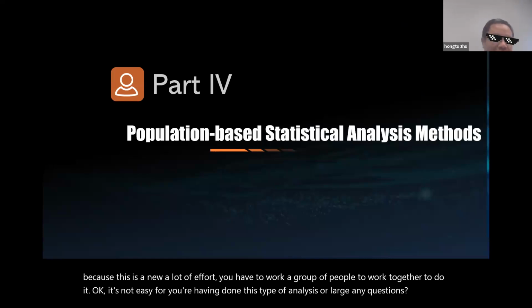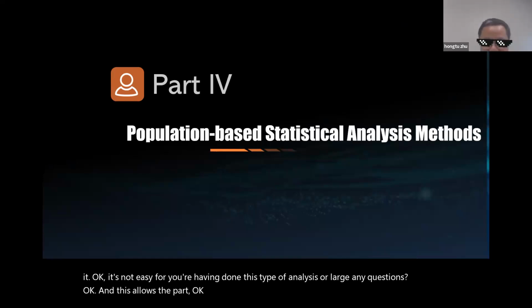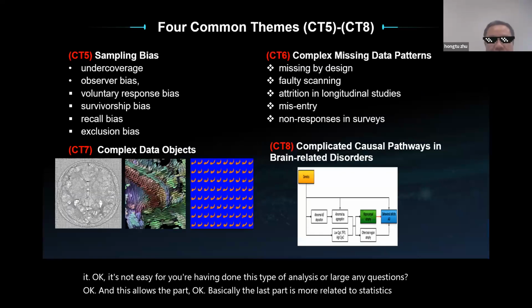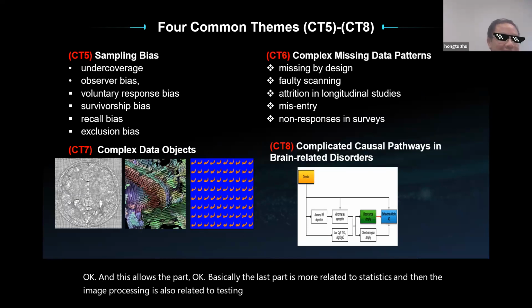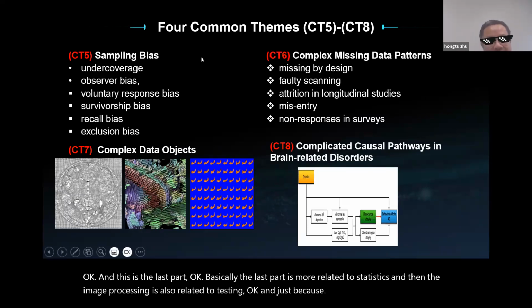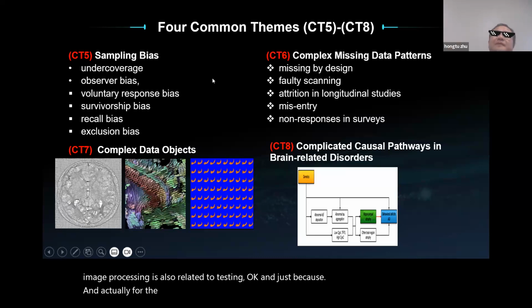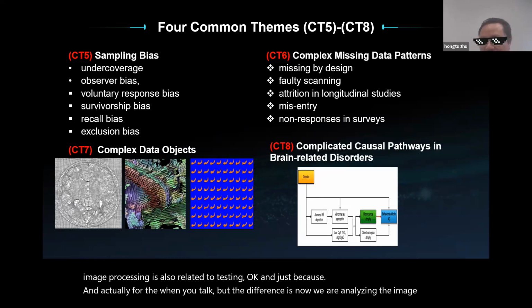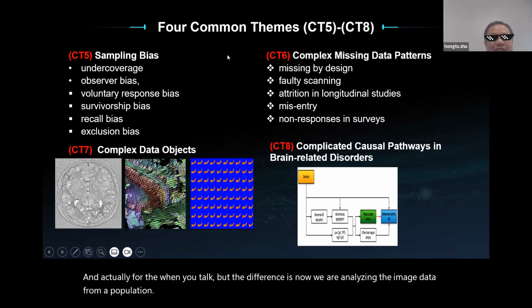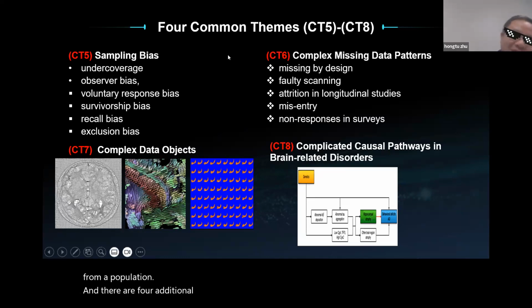Okay, and this is the last part. Basically the last part is more related to statistics, and the imaging process is also related to statistics. Now we are analyzing image data from a population, and there are 4 additional common themes behind it.